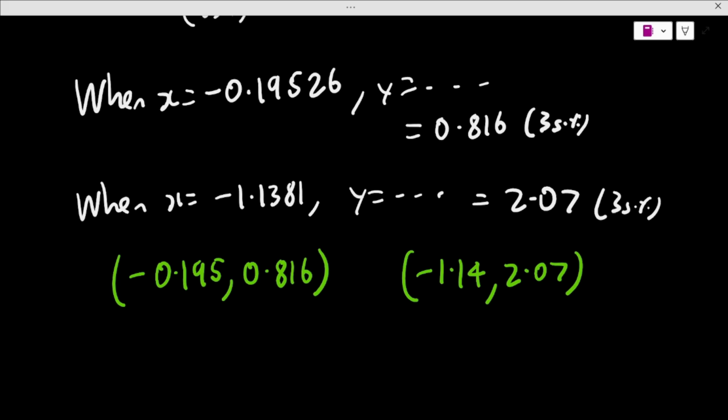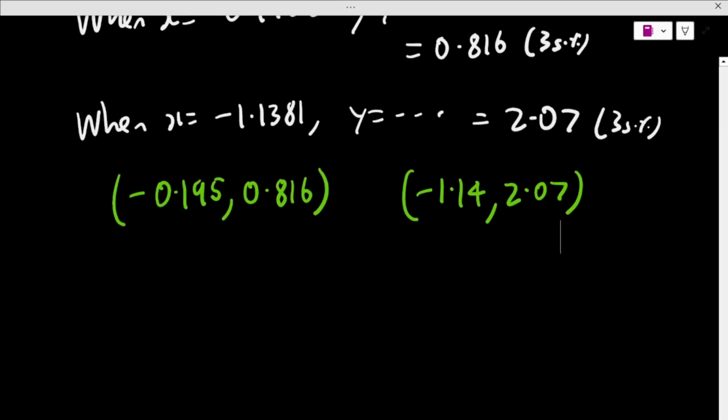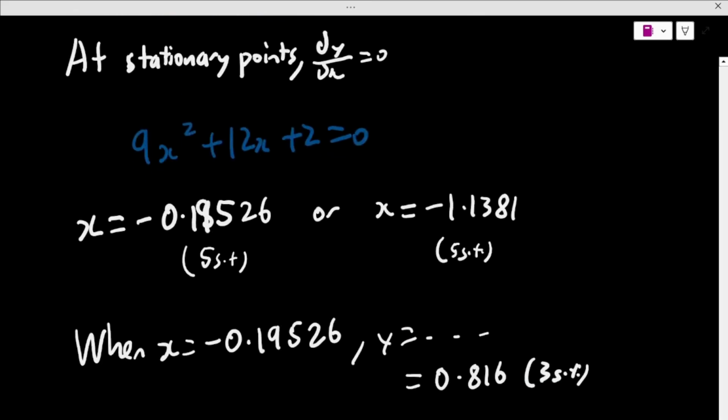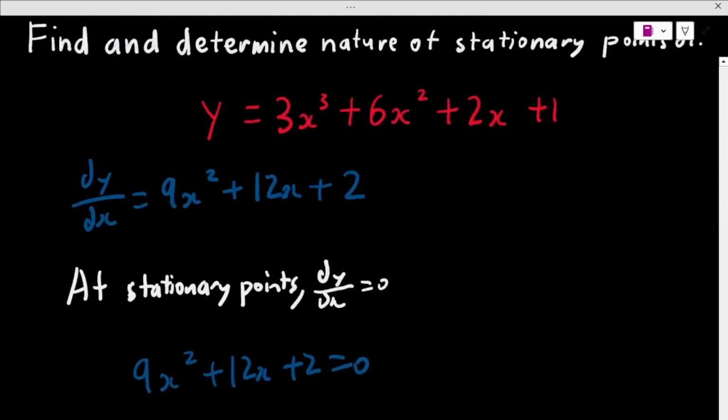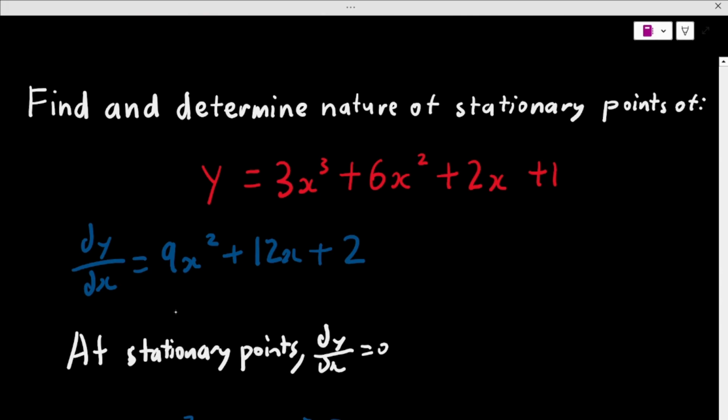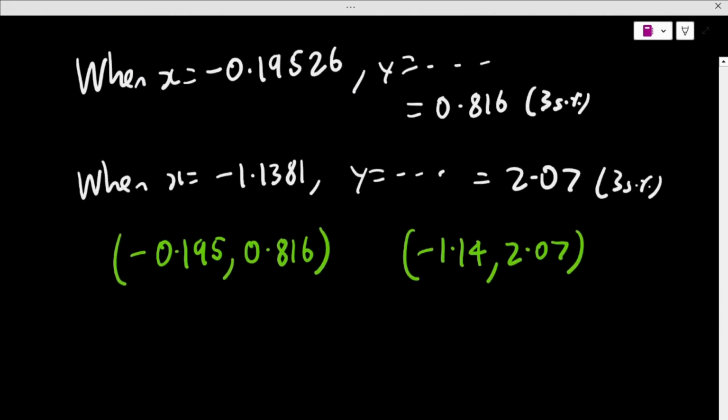The next thing that we have to do is to find the nature of these stationary points. To do so, we can use the second derivative test. The second derivative test implies that we have to take the second derivative. This is our first derivative right here, so we are going to have to differentiate it again.